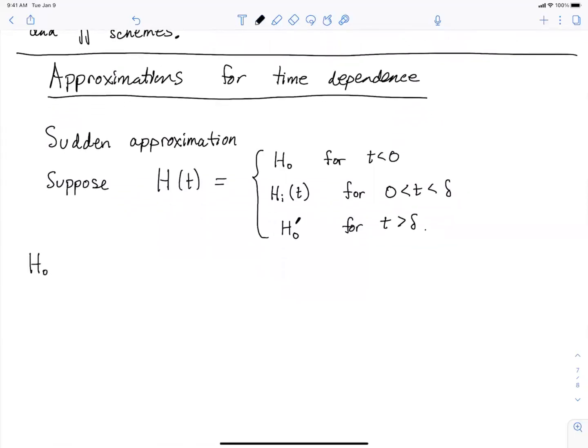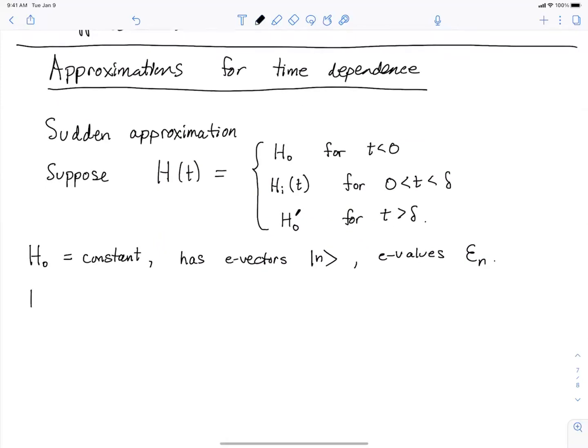So H0 is some constant Hamiltonian. In other words, it doesn't have any weird time dependence built into it. And I assume that it has eigenvectors that we're going to call |n> with corresponding eigenvalues that I'm going to call curly E sub n.